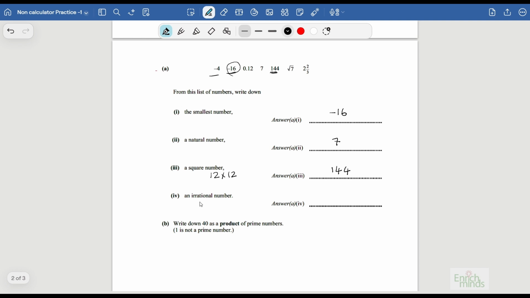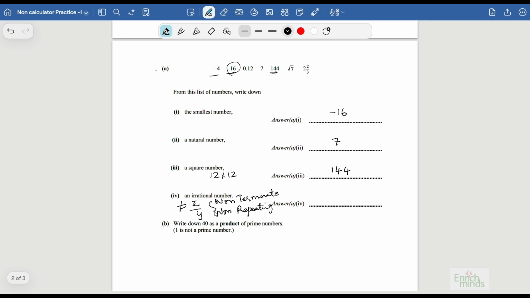An irrational number. An irrational number is one which you cannot write in the form of a fraction like x over y or p over q. In other words, if you express the number as a decimal, it will be non-terminating, it will never end, and it's non-repeating, it doesn't recur, it doesn't follow any pattern.